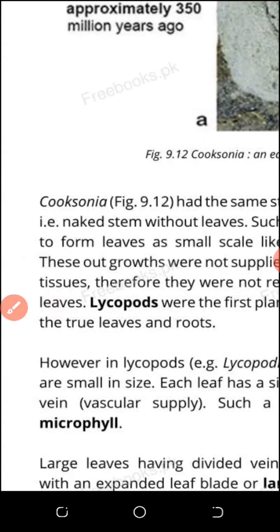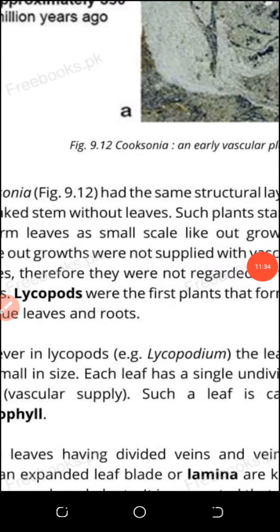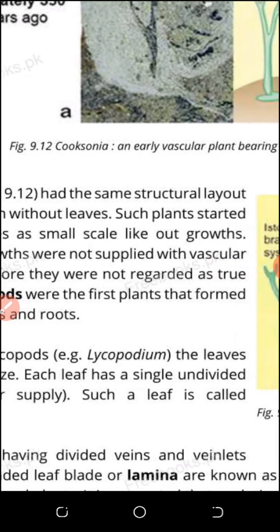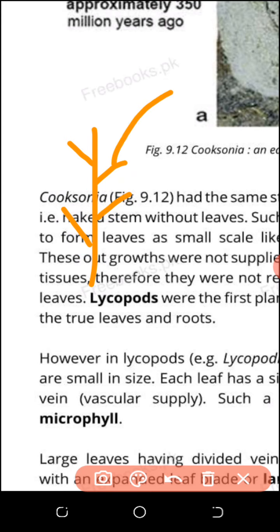Lycopods, if you speak about Cooksonia, these plants have no true leaf, but still you can say small scales are present on the stems. These small scales you can call leaf modifications, but because they are without vascular bundle, you cannot say these are true leaves.